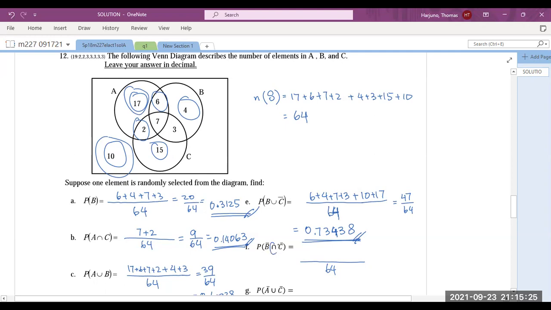It's an and, so it has to satisfy both requirements. That would be 10 plus 17. That's 0.42188.